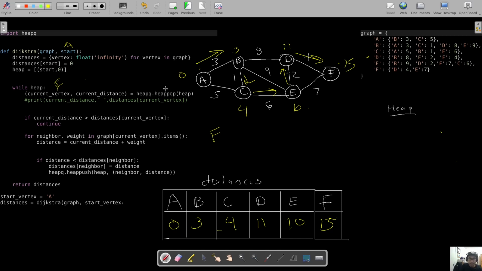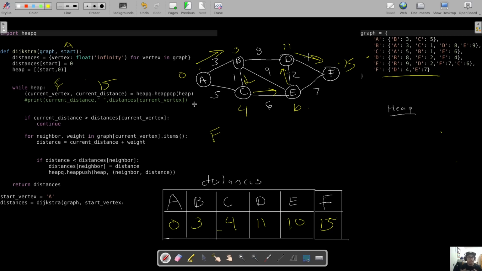The current distance is 15. From F we have nowhere to go, and we're done.